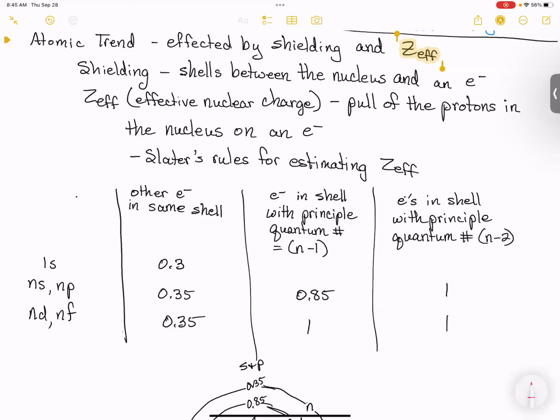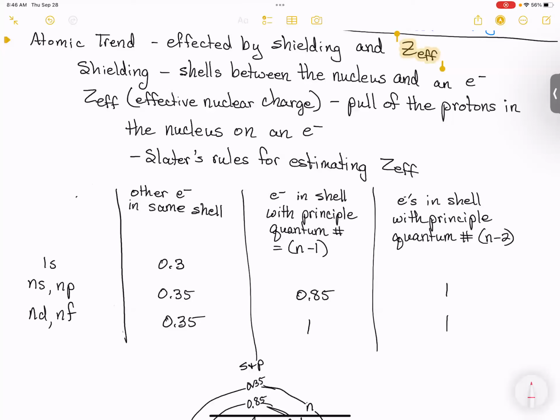Going across the top of this table, what you're doing is you're describing the impacts that the other electrons have on a specific electron.